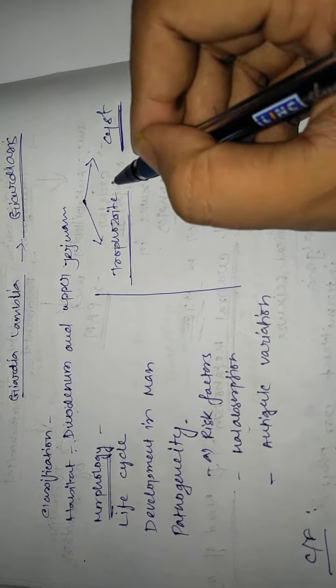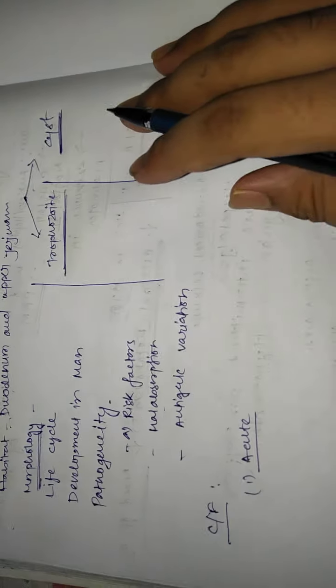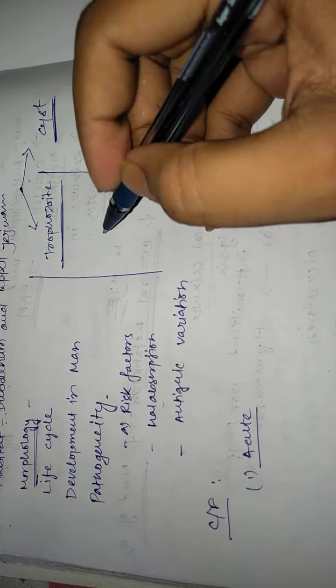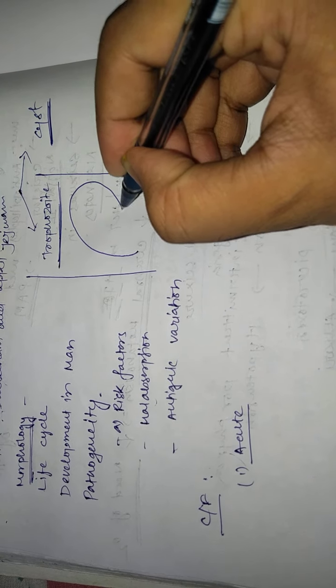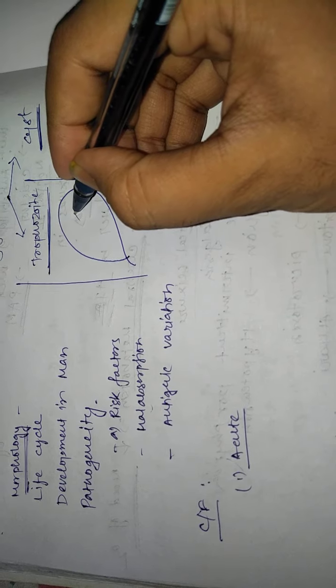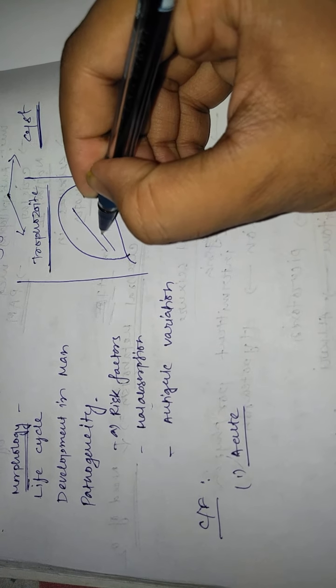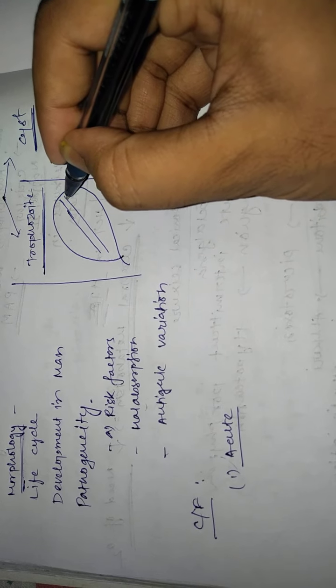First of all, talking about the trophozoite stage. How does the trophozoite stage look? I'm showing you. This is the axoneme. What is the axoneme? The axoneme is the intracellular part of the flagella.